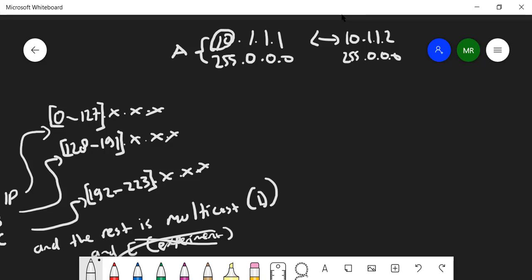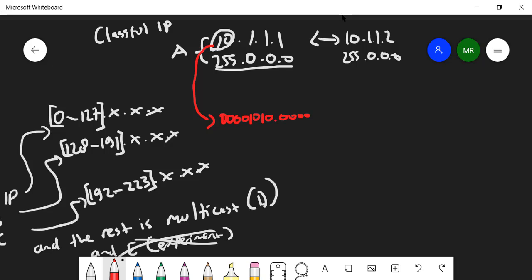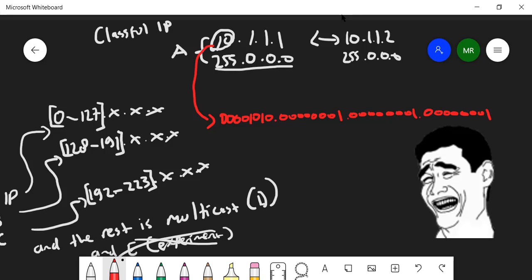So if an IP address is of the same class as its subnet mask, it is called classful IP. In order to know whether they are in the same network or not, we have to convert both the IP and the subnet mask into binary format. That's why we learned about converting it first. Don't say I didn't warn you.